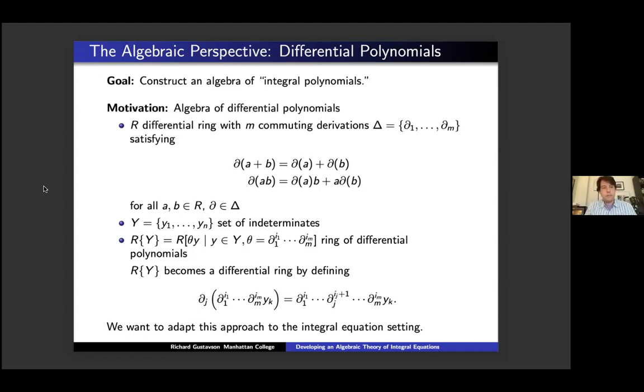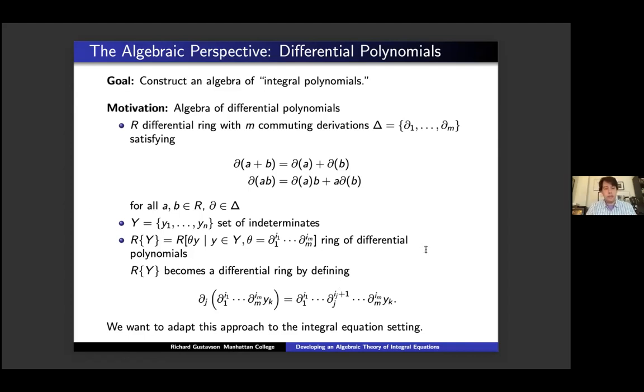Okay, so what we're trying to do is model this off of what's already been done for, say, the algebra of differential polynomials. So just reviewing how this works, if R is a differential ring and we have m commuting derivations, partial 1 up to partial m, and these all are linear and they all satisfy the product rule, then given a set of indeterminates, y1 up to yn, we can define a polynomial ring over R in the variables y and all of their derivatives, as we see here.